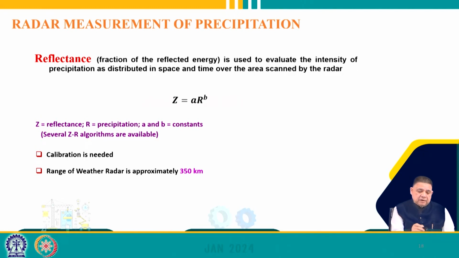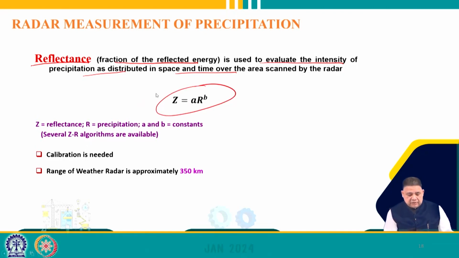Basically, for that these radars use reflectivity, which is nothing but the fraction of reflected energy, and it is used to evaluate the intensity of precipitation distributed in space and time over the area scanned by the radar. For that, ZR algorithms are used, where Z is reflectivity, R is precipitation, and A and B are constants.